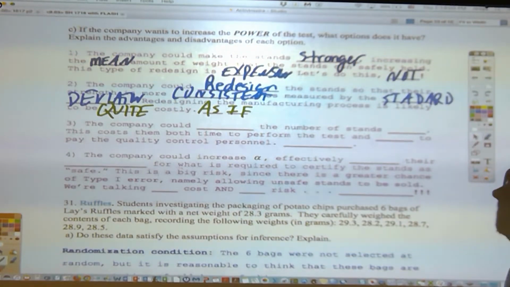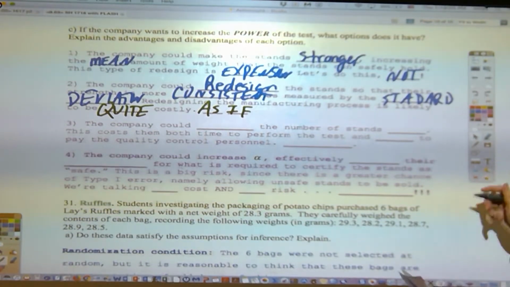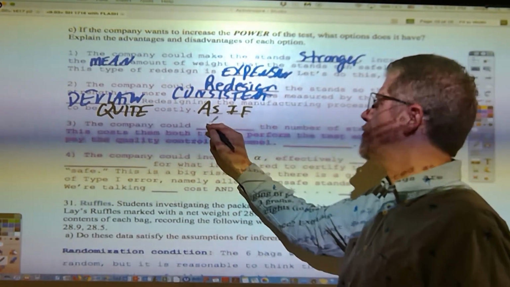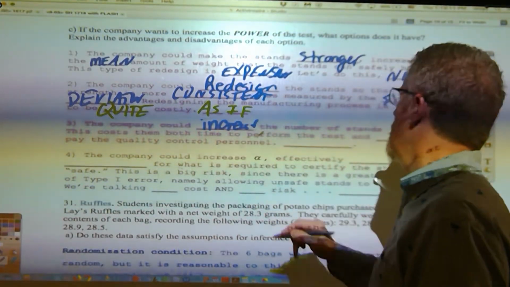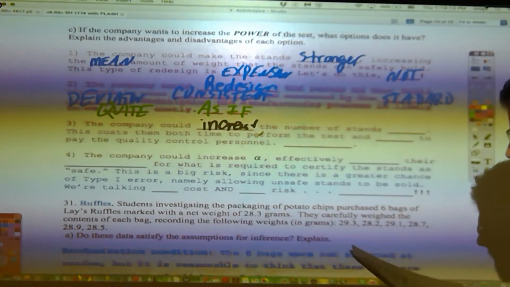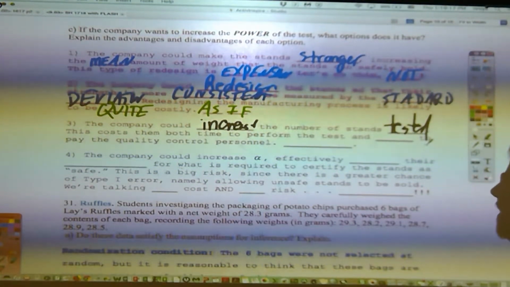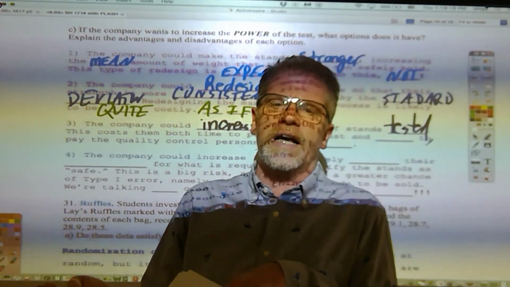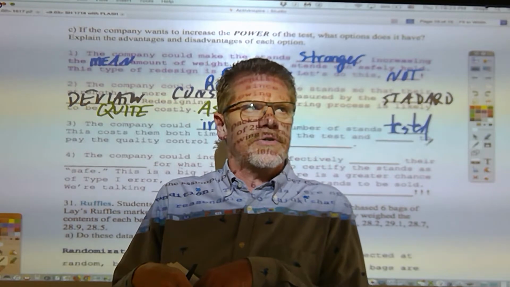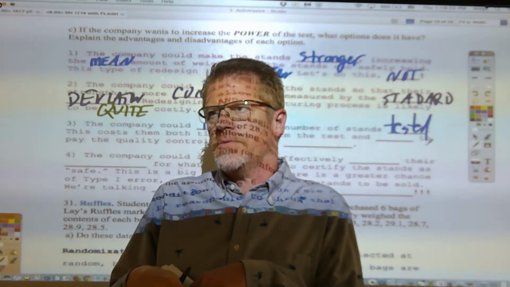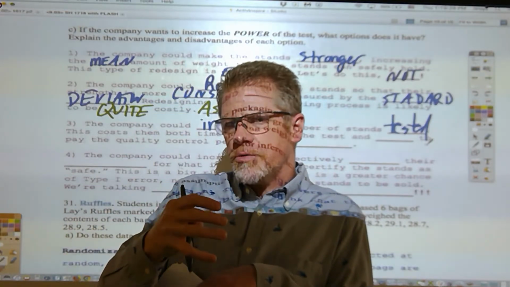And then furthermore, the company could, and this is a third way to increase power, increase the number of stands tested. We could test a large number of stands, a bigger sample size, since the standard error of the sampling distribution of sample means is sample standard deviation S over the square root of the sample size.